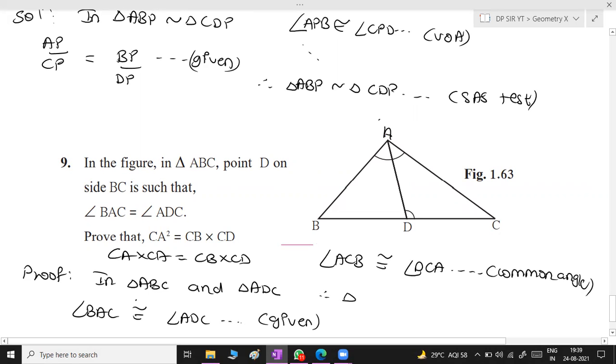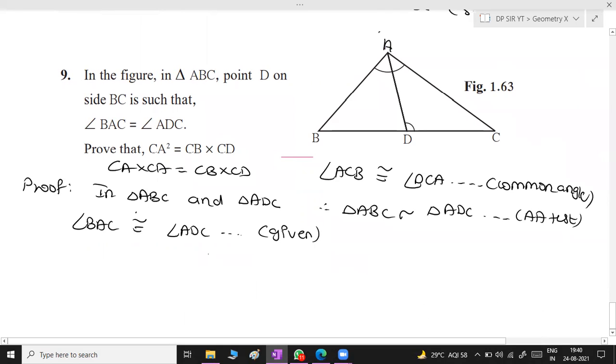Therefore triangle ABC is similar to triangle ADC using double A test of similarity. And now you can take the CSCT wala part. Therefore CA upon CD is equal to CB upon CA.